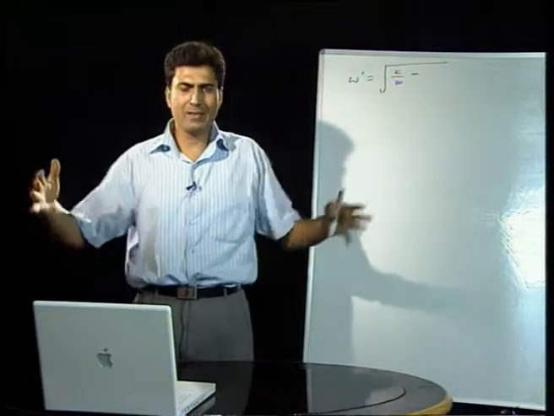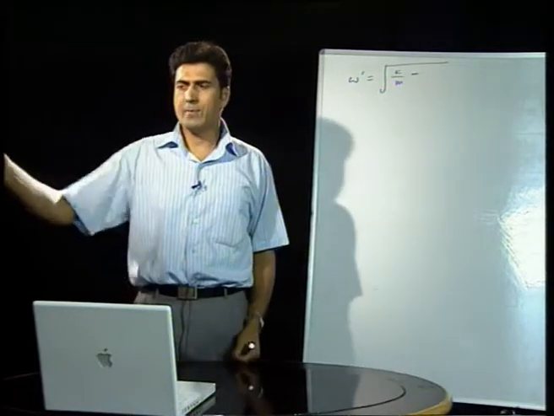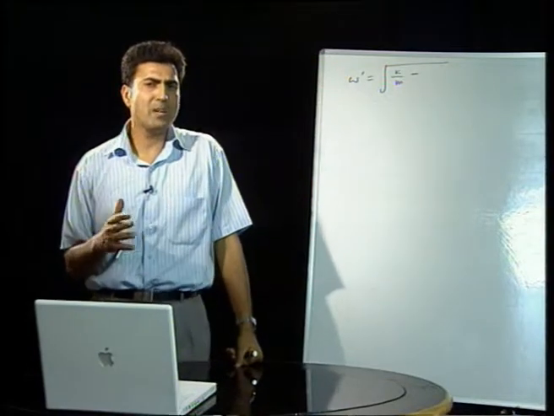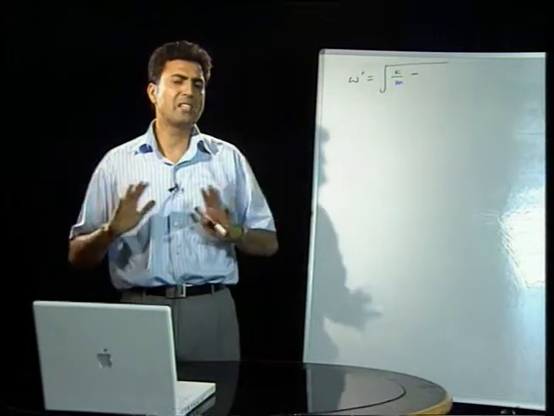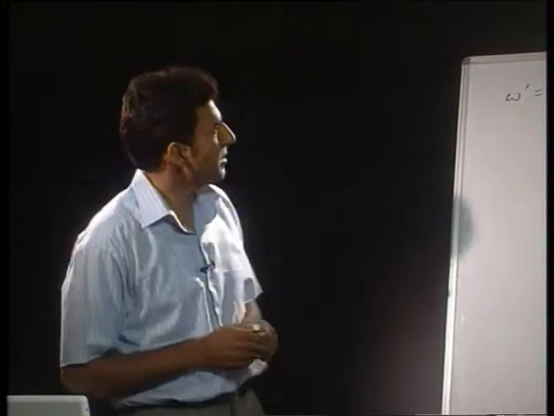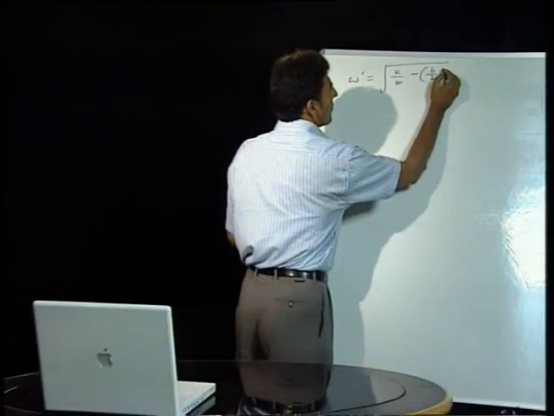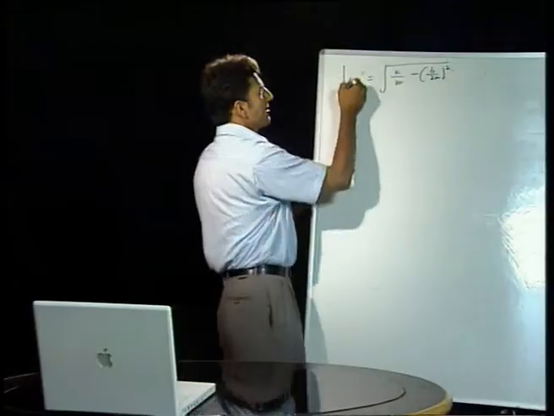If it oscillates in glycerin, then it may oscillate like this. So the viscosity of the medium determines how fast the energy is being dissipated in the medium. So here it is k by m minus b by 2m whole square. So this is the equation for frequency of damped oscillations.